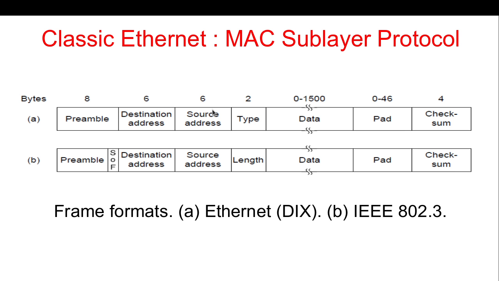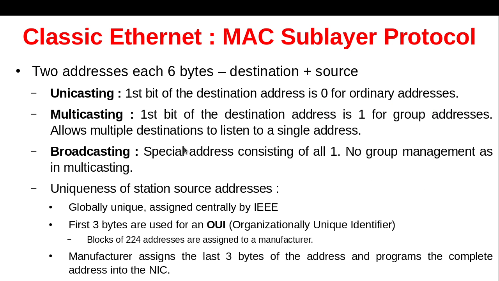For whatever machines it manufactures, it assigns one of the 2 raised to 24 addresses to each. So the first 3 bytes are the manufacturer address and the last 3 bytes are assigned by the manufacturer, and all of that is combined together as the source address or destination address. In this way, the MAC address is unique.